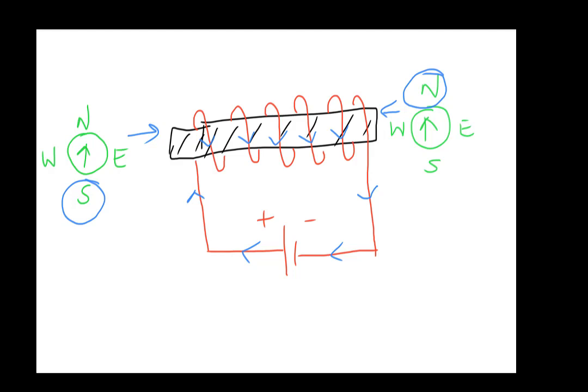Now, this pole will essentially be the south pole. This will be the north pole, and the needle from the north is going to move towards the south. So bottom line is that as the compasses react to it, we will find that this north-south compass is going to move so that it shows that this is a south pole.